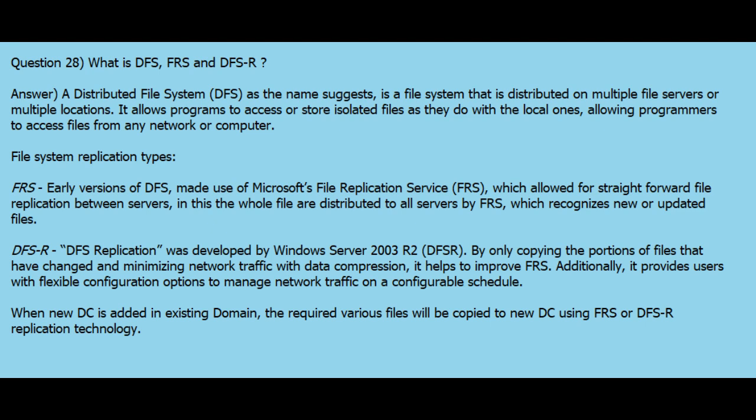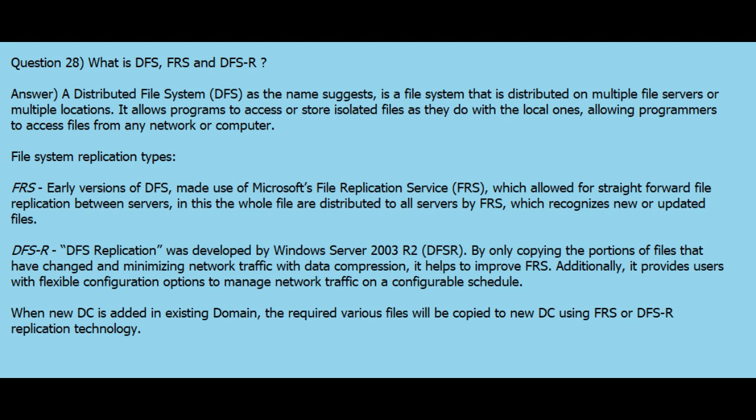In this, the whole files are distributed to all servers by FRS, which recognizes new or updated files. DFSR, DFS Replication, was developed in Windows Server 2003 R2. By only copying the portions of files that have changed and minimizing network traffic with data compression, it improves on FRS.